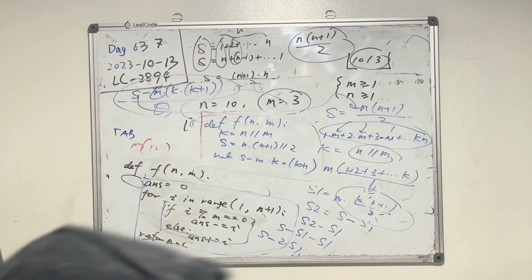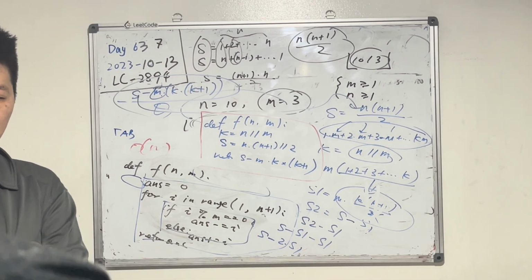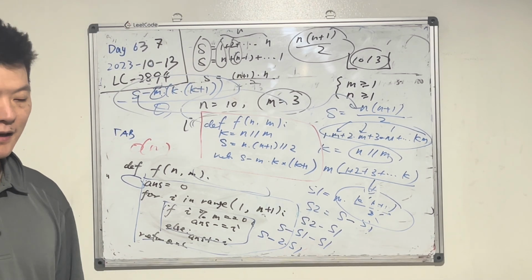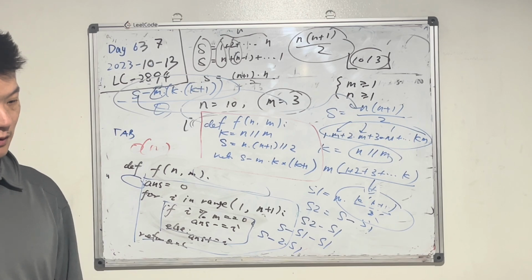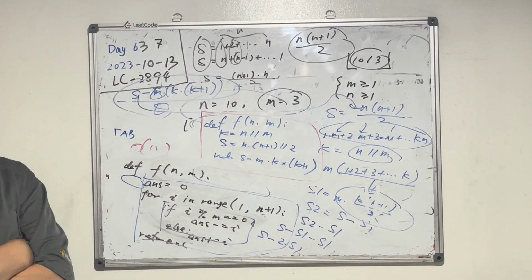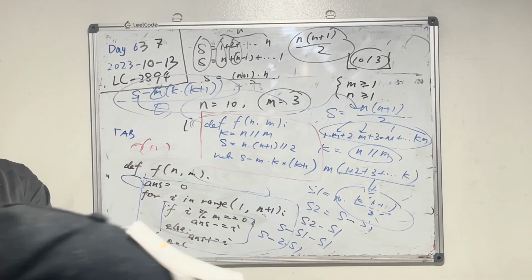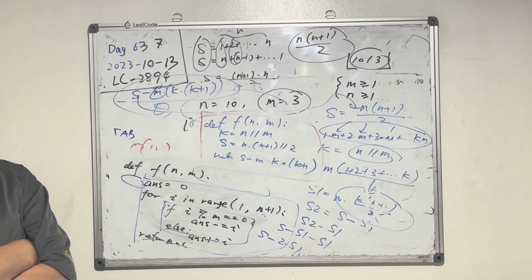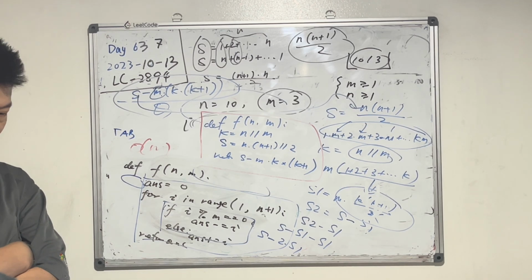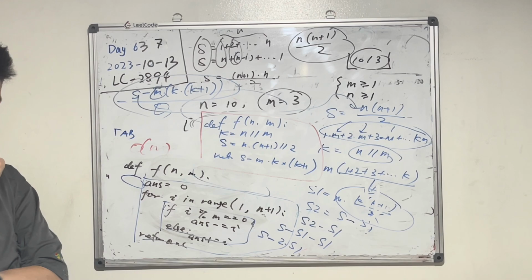We cross out the m multiples in the range of 1 to n, and then we add the multiples and subtract the non-multiples. That's O(n), and then the other one is O(1).